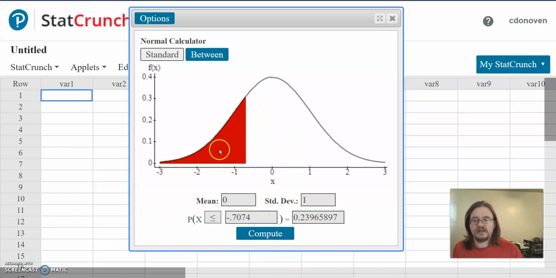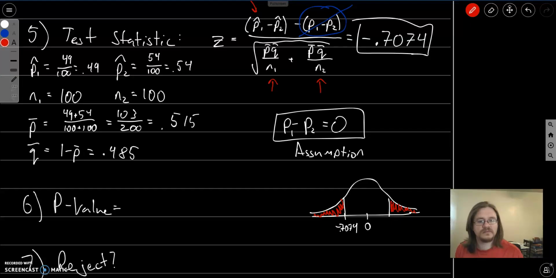So the area to the left over here is going to be 0.2396. Let's keep four decimal places, but I have to round, so that's 0.2397. So that is going to be the area down here.